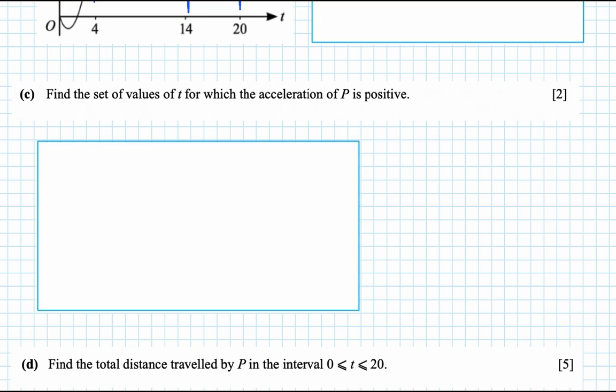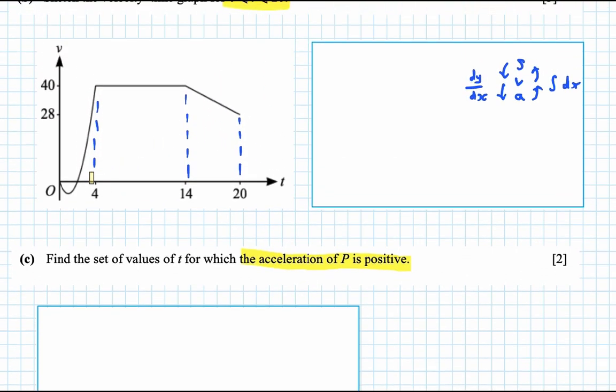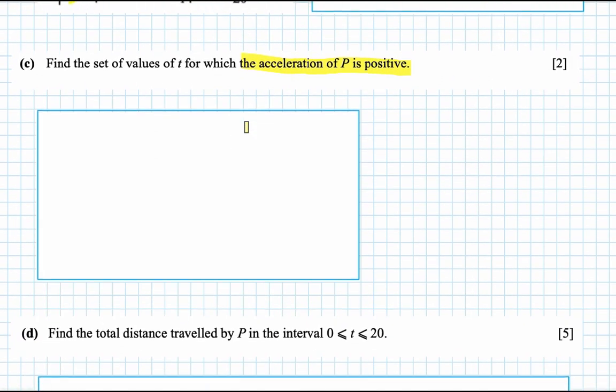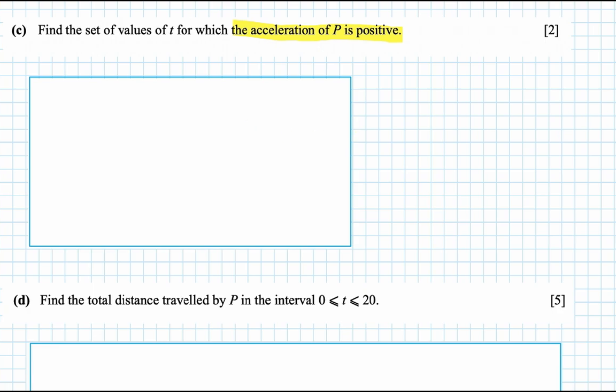Part c, find the set of values of t for which the acceleration is positive. So we're going from velocity to acceleration. Again, just thinking about what that is, it's differentiation, which is dy over dx. On the right hand side you'll see the conventional writing. It comes from Leibniz, so that's his conventional writing.